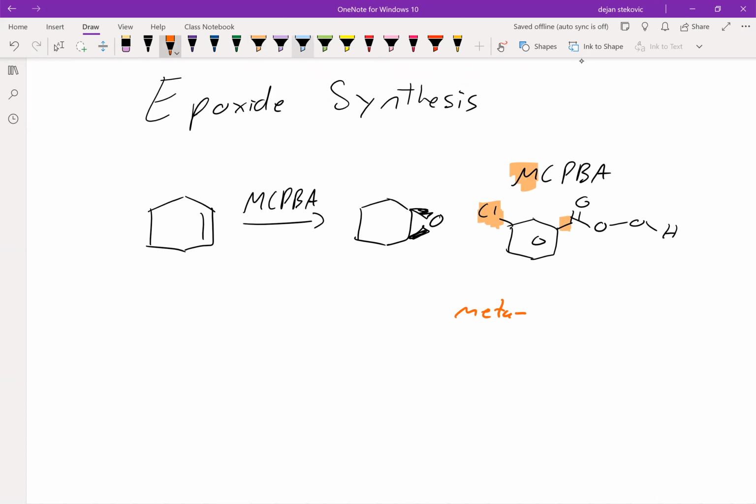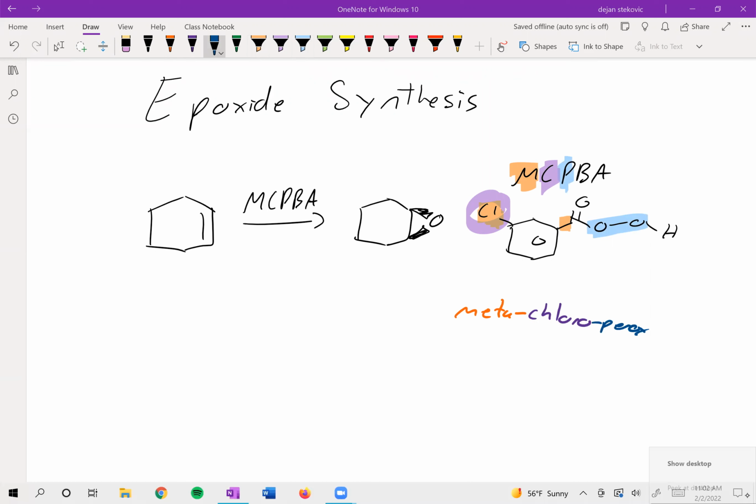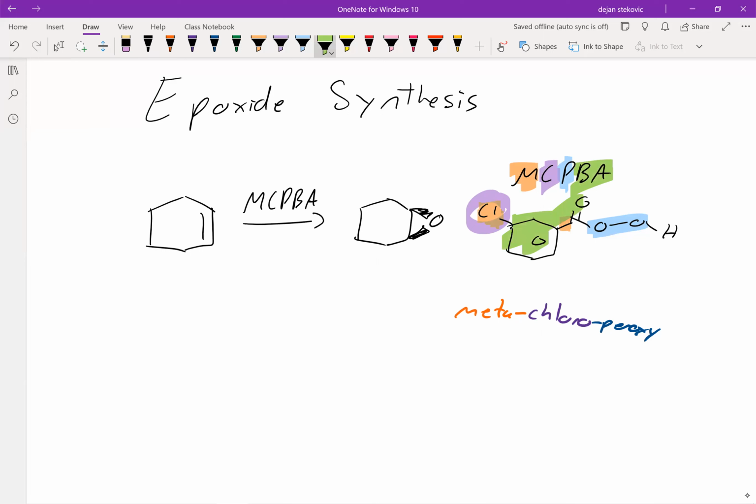The C stands for chloro because we have a chloro group. The P stands for peroxy because we have a peroxide. And then the BA stands for benzoic acid because we have what essentially is a benzoic acid. Right, so metachloroperoxybenzoic acid. It's a peroxide.